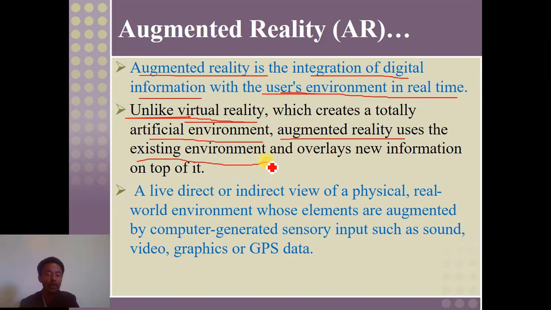As I've shown you previously, my image is the real world entity, but I am able to add computer-generated effects upon my real world image. So, during live, direct or indirect views of physical objects, we are able to add augmented reality upon our videos or images in order to present them for the user.